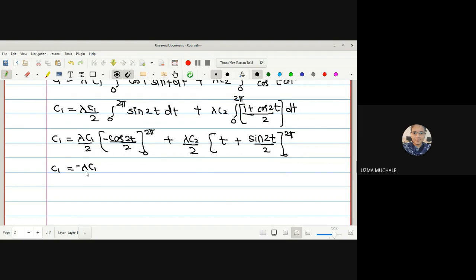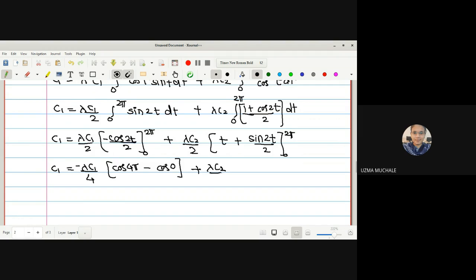Now the minus sign we can take common, and this will be 2 into 2, 4. What is the value of cos of 4 pi? After substituting 2 pi here, it will be cos 4 pi minus cos 0.